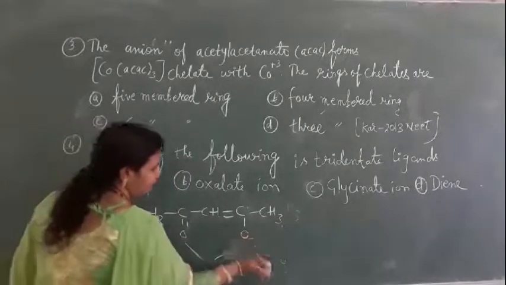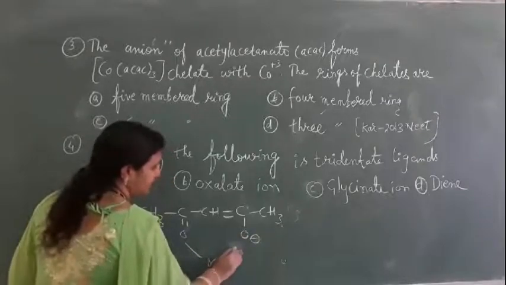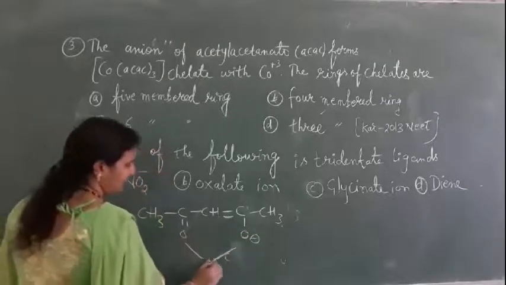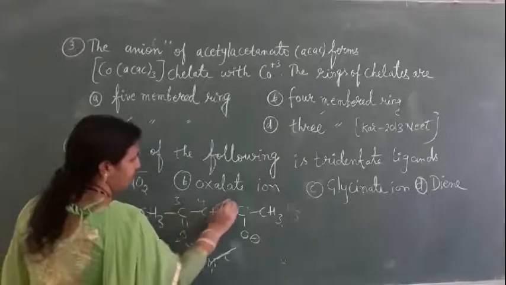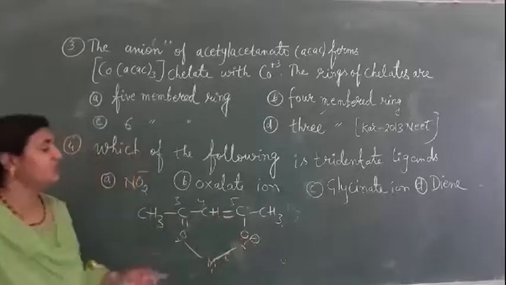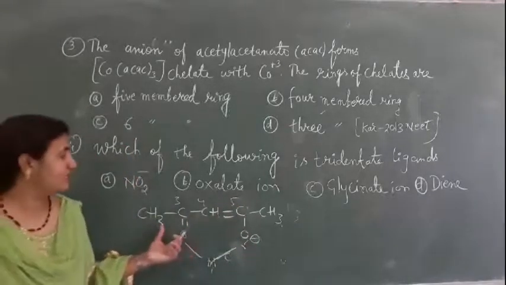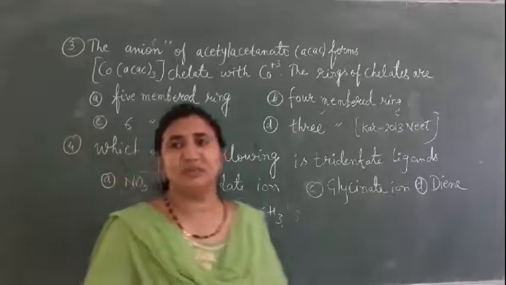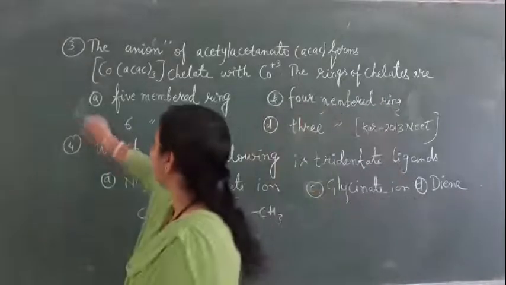With the O minus charge, it is a 6-member ring: 1, 2, 3, 4, 5 and 6. So acetylacetonato forms a 6-membered ring, and the answer C is the correct answer.